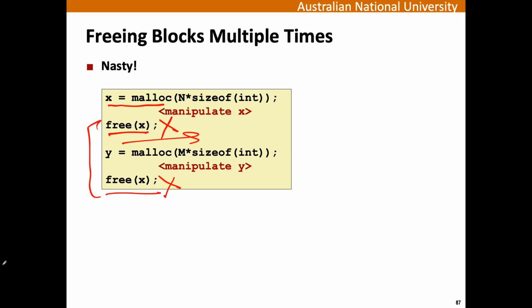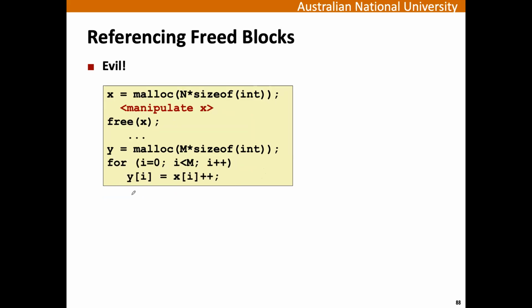And when the user says free X again, what will happen? The allocator will free a block, and whatever the user's intention is, we don't know. Or this block might not have been allocated. These are exactly the kind of errors we see in C programs, and exactly the kind of errors that managed languages with garbage collection try to prevent programmers from worrying about.